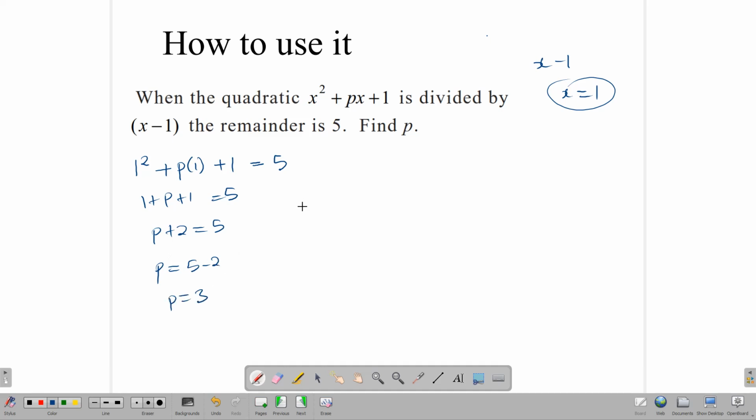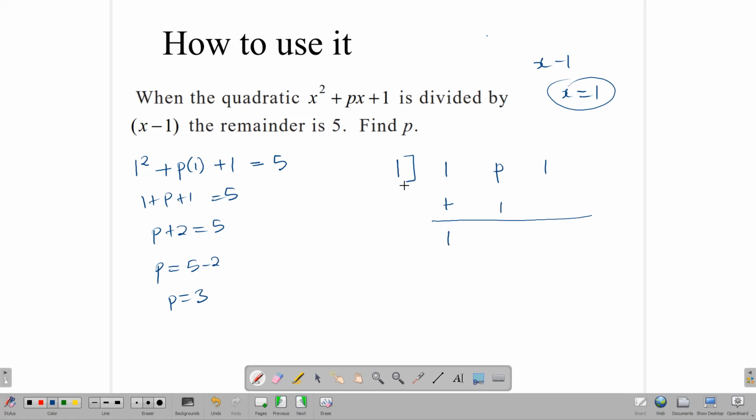If we wanted to try it using the synthetic division method, then of course we would use x equals 1, so we'd set up our 1 there, and the coefficient there is 1, the coefficient here is p, and the coefficient here is 1. Nothing is missing, so no need to add zeros. And put our plus there, and begin the process. So 1 times 1 is 1, we write that 1 there. 1 times 1 is 1.